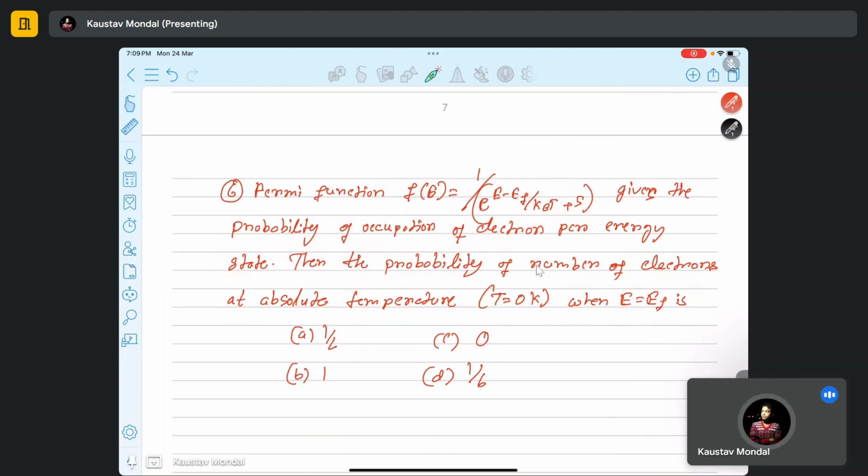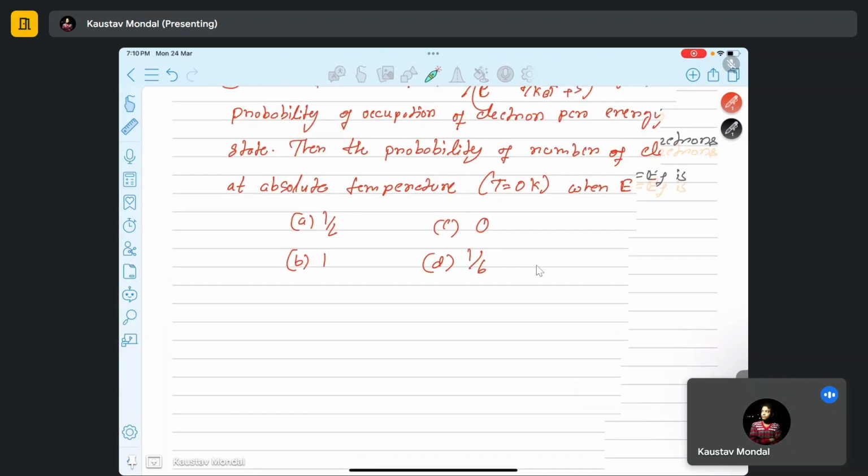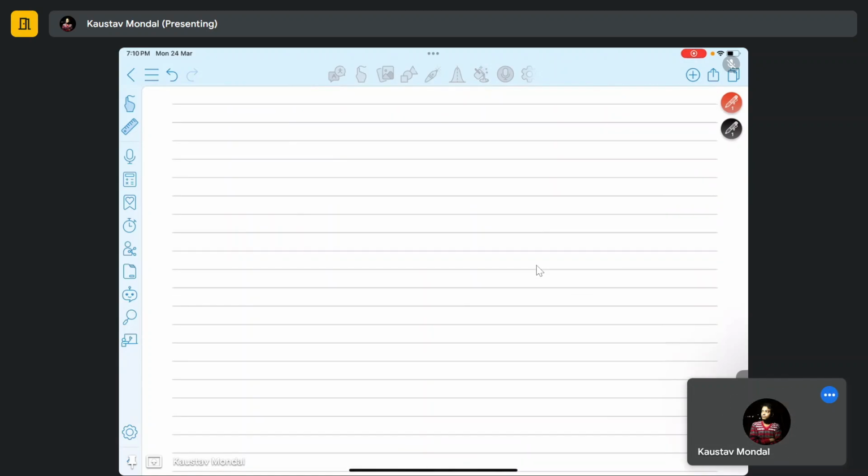The same type of problem I did earlier also, but now the thing is a bit different. So let's first write the expressions and everything. So this is basically the expression.